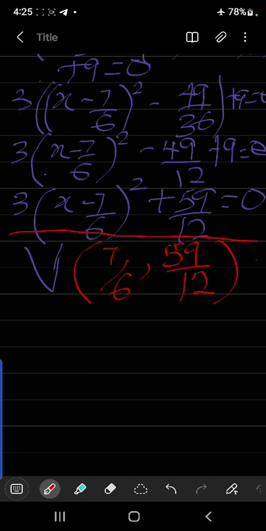There is something important you need to know. Something very important. I will show you how you can plot the curve given a vertex form of a quadratic equation. Now you know how to convert a quadratic equation from standard form to vertex form.